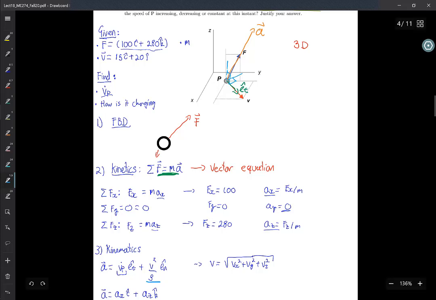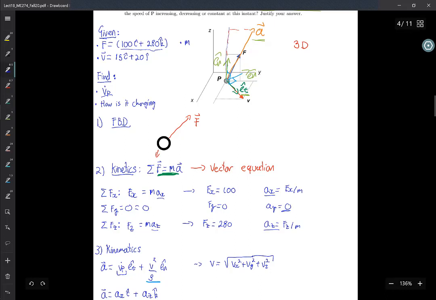Because I need this component to get that vector. Do you guys see that? If I don't have that normal direction, but I have this normal direction, how can I build a component that is out of the plane? It's impossible. Do you see that? Because you also have the tangential component. Yes, you're right.